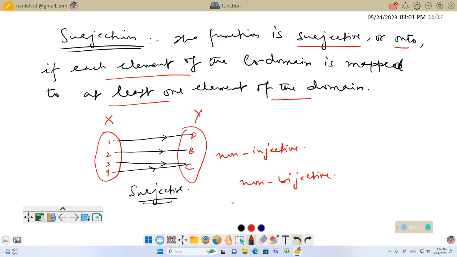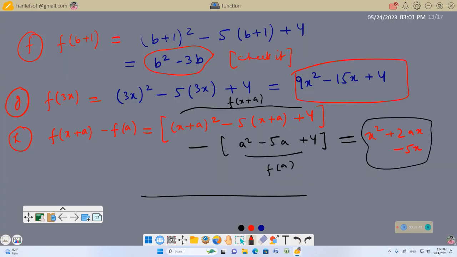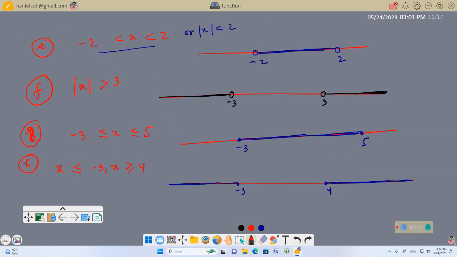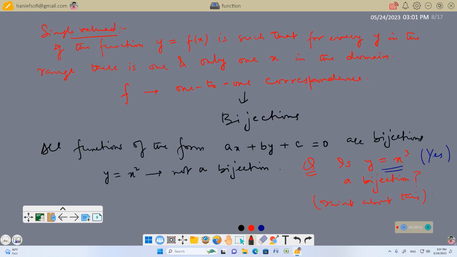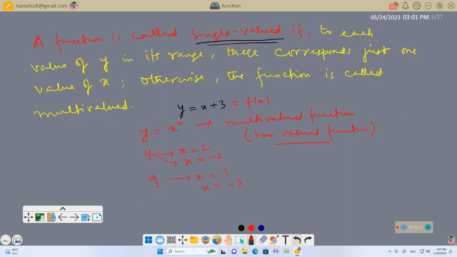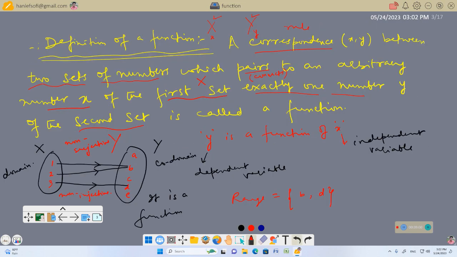So I hope the things are clear now. The idea of a single valued function is different. The idea of bijection, injection, and surjection is different, right? First you have to decide whether the correspondence is a function or not.